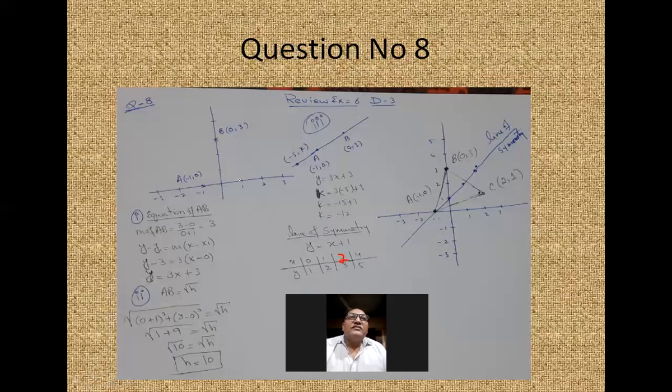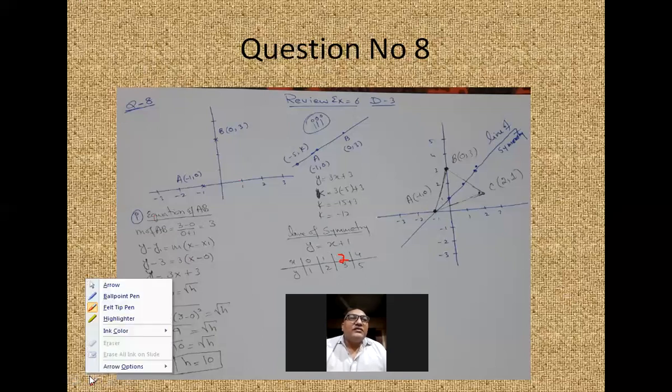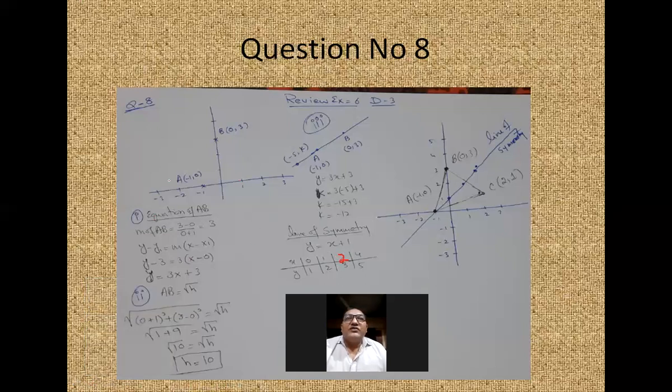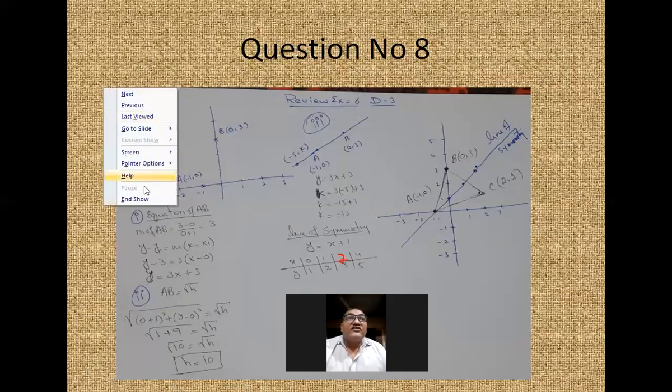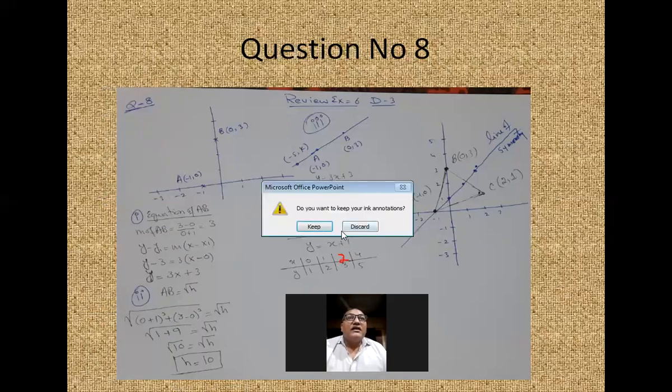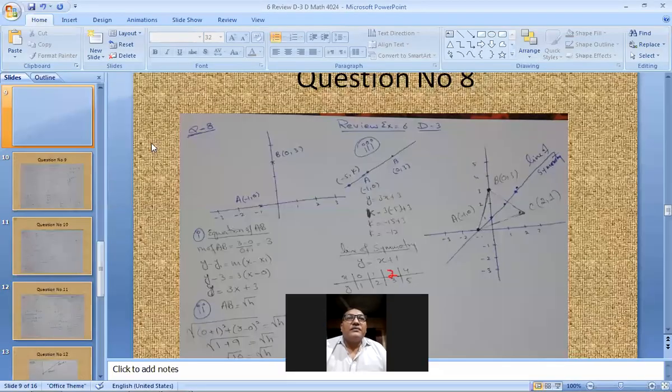So this number is supposed to be 2. So I think you understand this question, and let's go to the key. Okay, so that was question number 8.